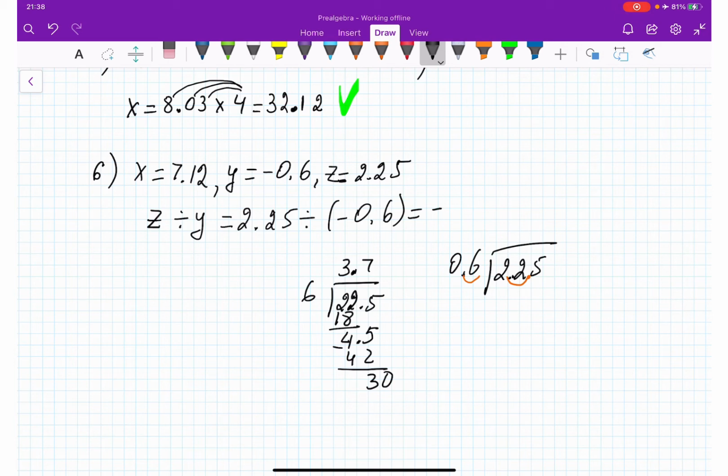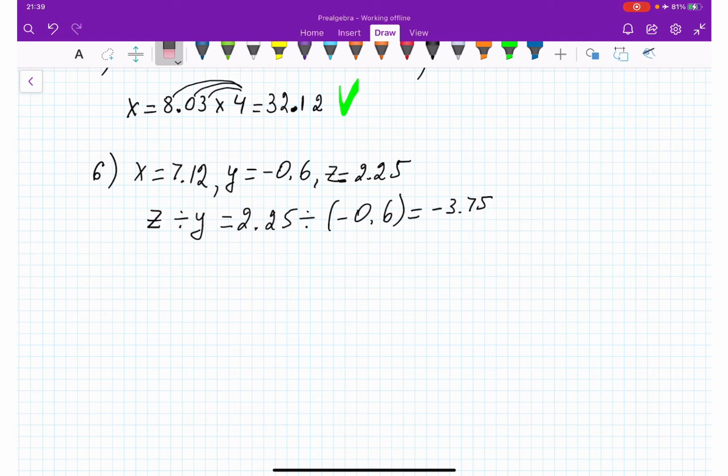So 30 divided by 6 is 5. And the answer is negative 3.75. Okay? That's our quotient. Next one, let me clean this drafting. Question number 7.